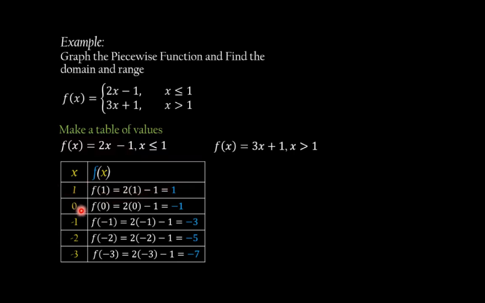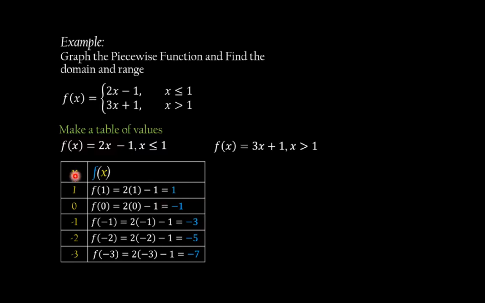Next, if you plug in 0, that means you have 2 times 0 minus 1 equals negative 1. Then, furthermore, if you plug in negative 1, you have f of negative 1 equals 2 times negative 1 minus 1, that is negative 3. You can see the pattern. So I hope nakikita nyo yung pattern niyan. Parang nababawasan ng dalawa, no? Yung ating mga numbers or points dito sa range value natin.